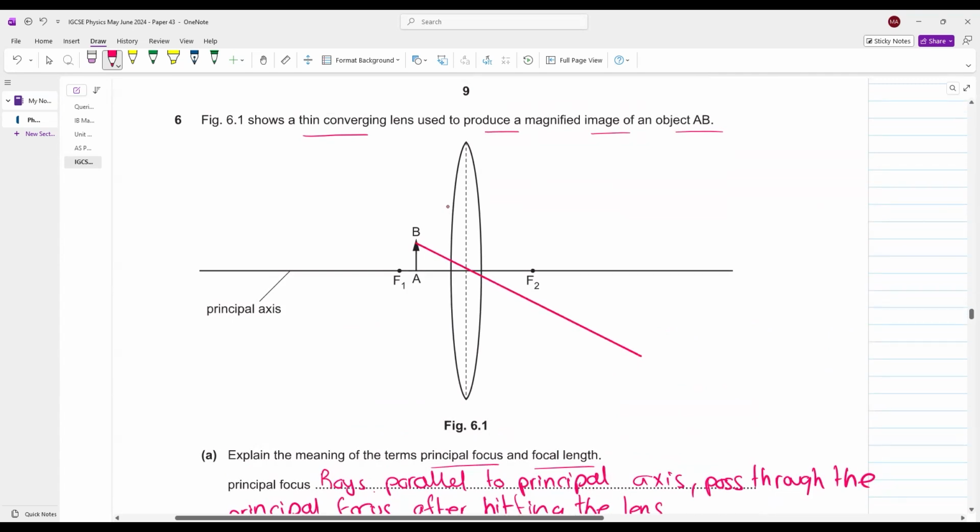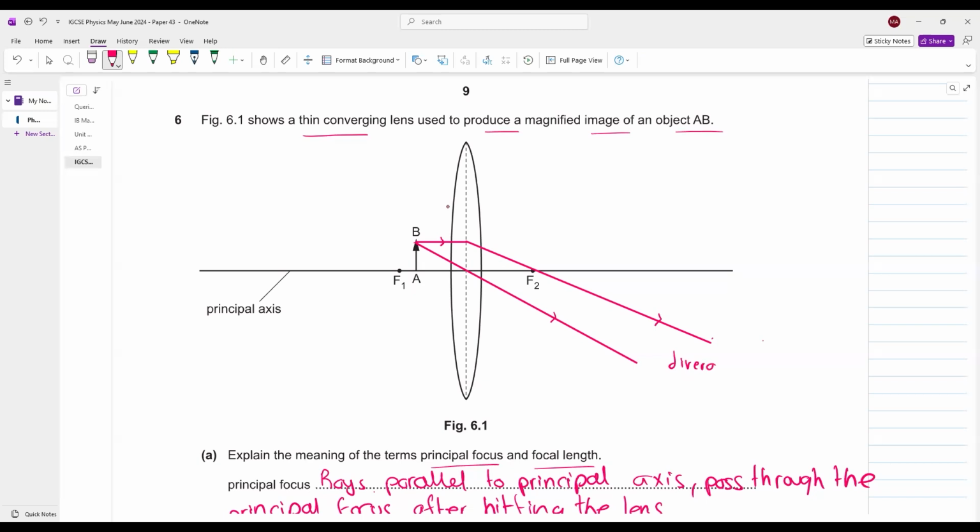First of all, you will bring a line that is passing through the optical center like this. Then you will make a line that is parallel to the principal axis like this. It will pass through the focal point like this. Can you realize both these rays are diverging?